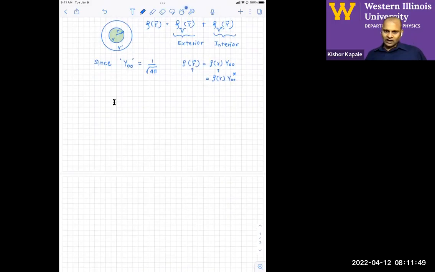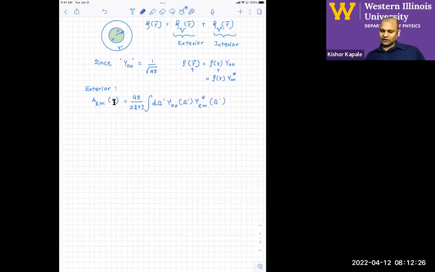So let's calculate the exterior multipoles. They are A_LM as a function of R, of course, and the constant in front is 4π over 2L plus 1. And then you have the integral of dΩ' Y00(Ω') and then Y_LM star(Ω').